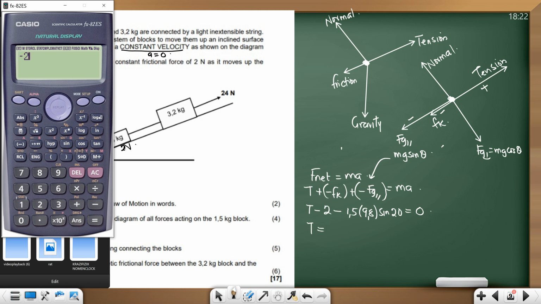Negative 2, minus 1,5 times 9,8 sine 20. If I take the whole thing over, then it gives me what? A positive. So what do I have? 7,03. Please confirm with your own calculator.